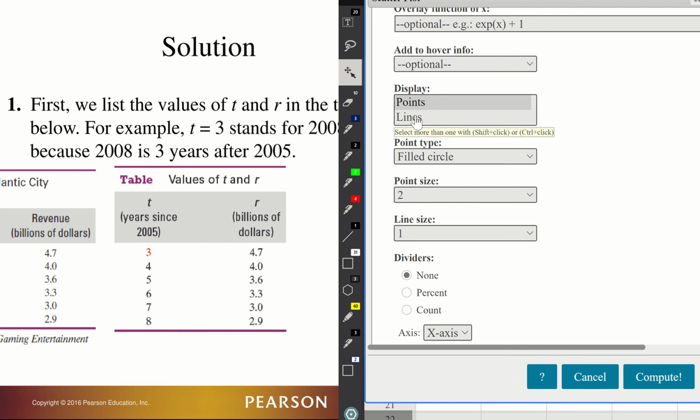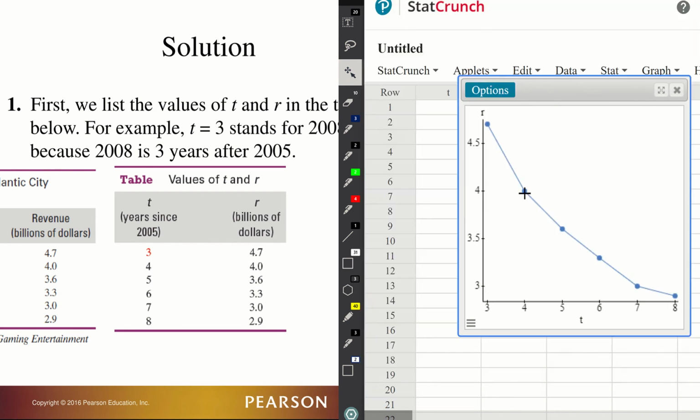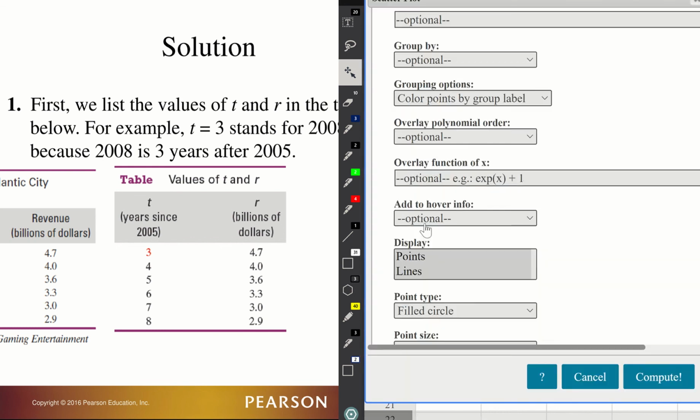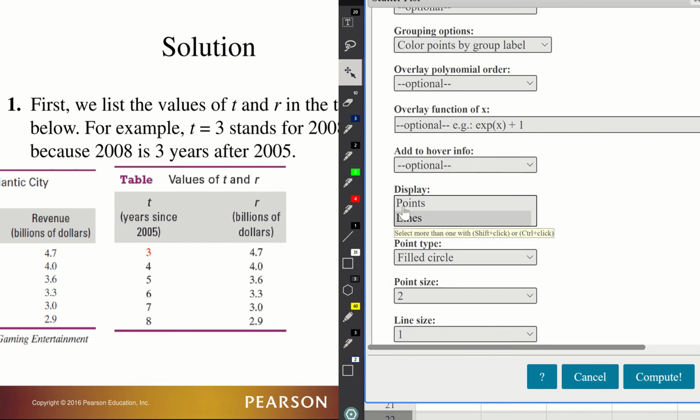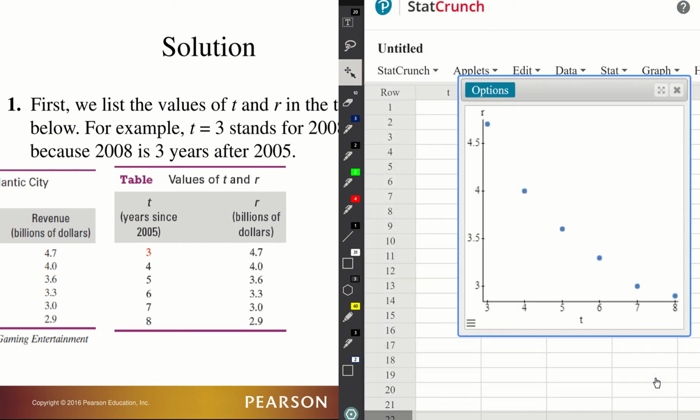So you would just hold the control button on a PC or the command button on a Mac and highlight both of them and compute, so you would get that. But in this case, we just want a scatter plot, so we will go ahead and deselect the line. We'll just pick the points. All right, just like that.